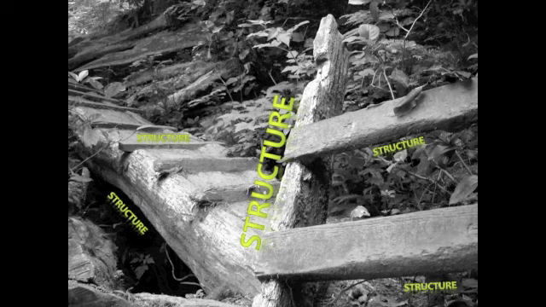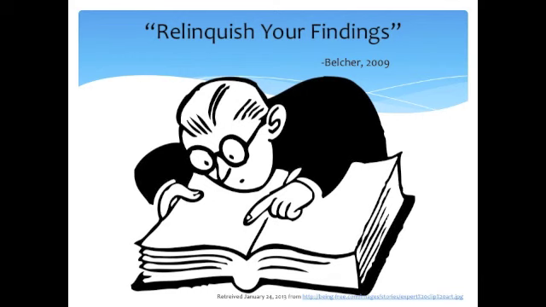The structure of your article is also important when considering publication. Articles which lack a clear beginning, middle, and end, and do not progress seamlessly may be difficult to follow. While a book can achieve its goals in chapters, a journal article must achieve its goal in a fraction of the space. As a result, it's important that the author be as concise as possible in their work, delete the irrelevant, focus on a single idea, and as Belcher notes, relinquish your findings.